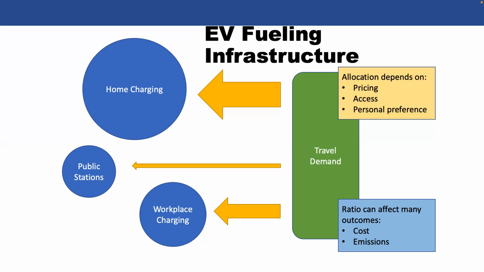So there's this interesting thing that you can do where you can try and manipulate the infrastructure itself to reduce emissions without even having to mess with pricing or the upstream generation.